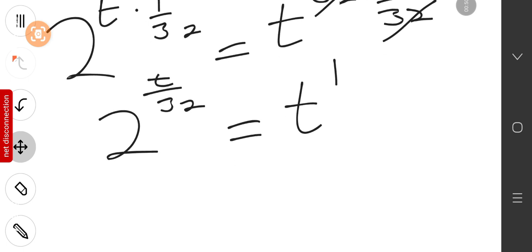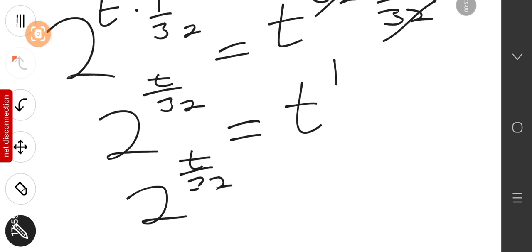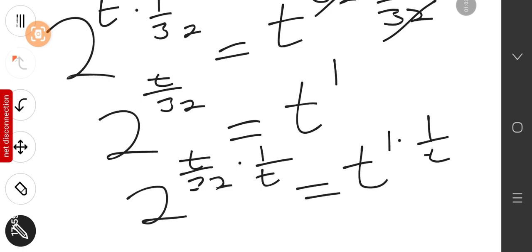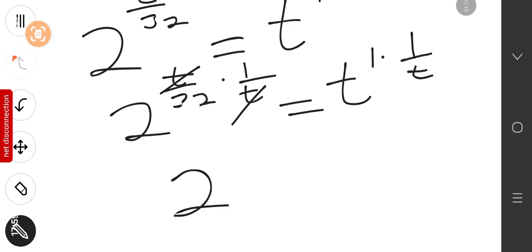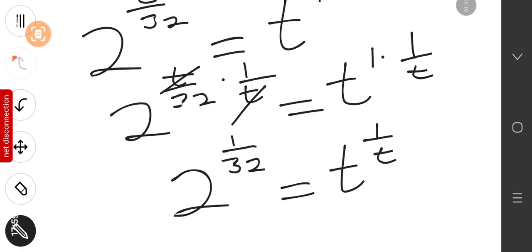All right, now the next thing we're going to do, okay, so we are going to multiply here by 1 over t, and then here by 1 over t. All right, so our equation becomes 2 exponent 1 over 32 equals t exponent 1 over t.